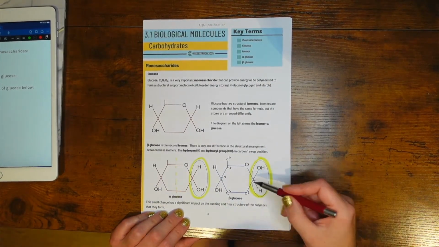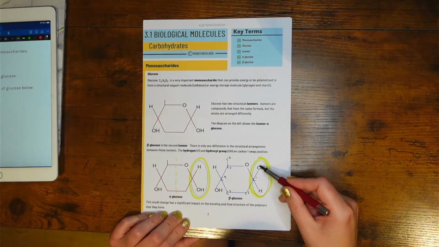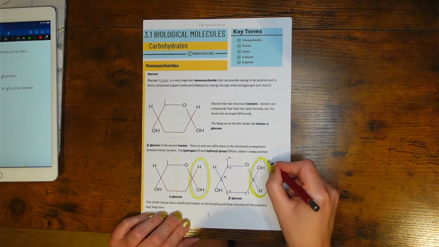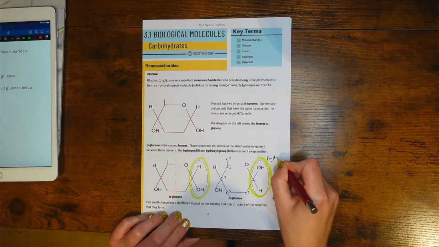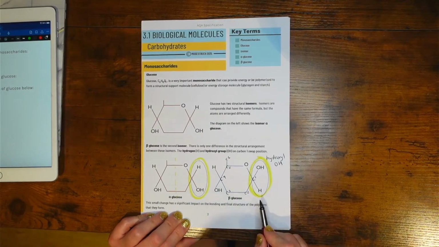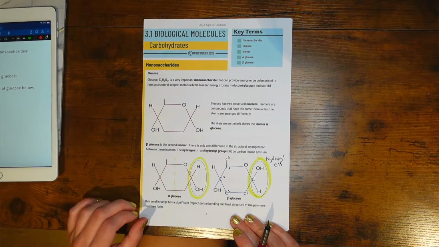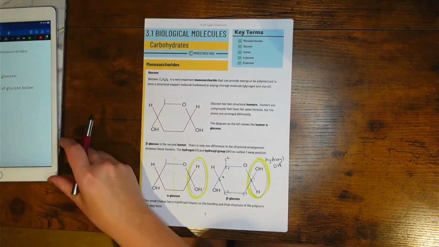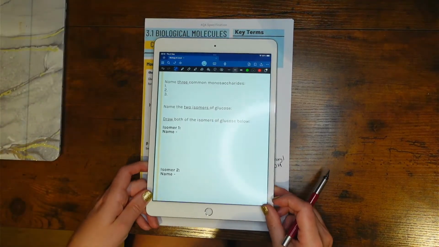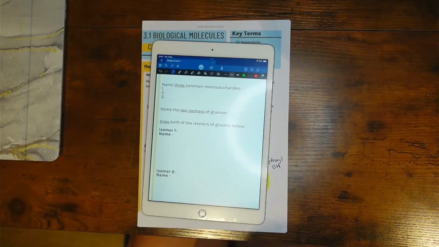So it's normally described as on carbon 1 for beta glucose, the hydroxyl group's on top, hydroxyl, that's what an OH group is, and the hydrogen atom's on the bottom, and it's the other way round for this. Okay, let's move over then to the active recall workbook and take a look.